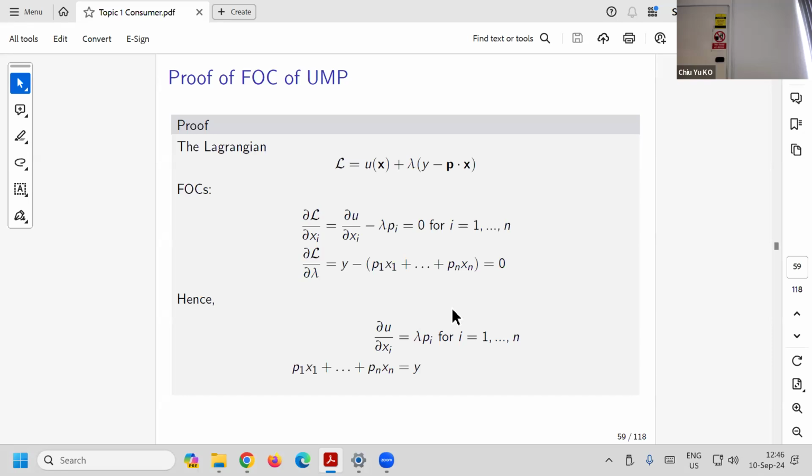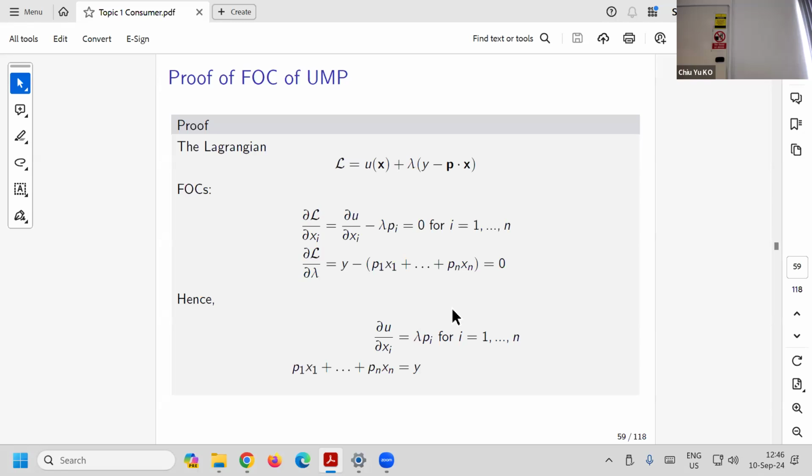The last condition comes from the multiplier and says the budget constraint will hold, which is Walras' law, nothing new here. But what about this other condition? It requires some explanation. The left-hand side is how much utility you get if you consume one more unit.